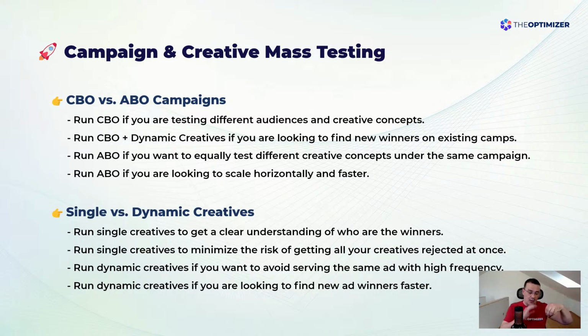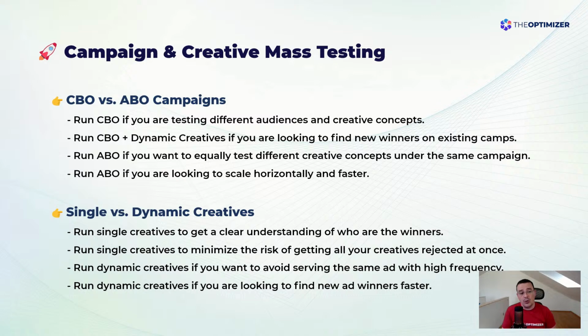Within the same ad set we have a different set of creatives, so we can have one angle in one ad set and one angle in another, or videos versus images in two different ad sets, and we will understand which one performs best.